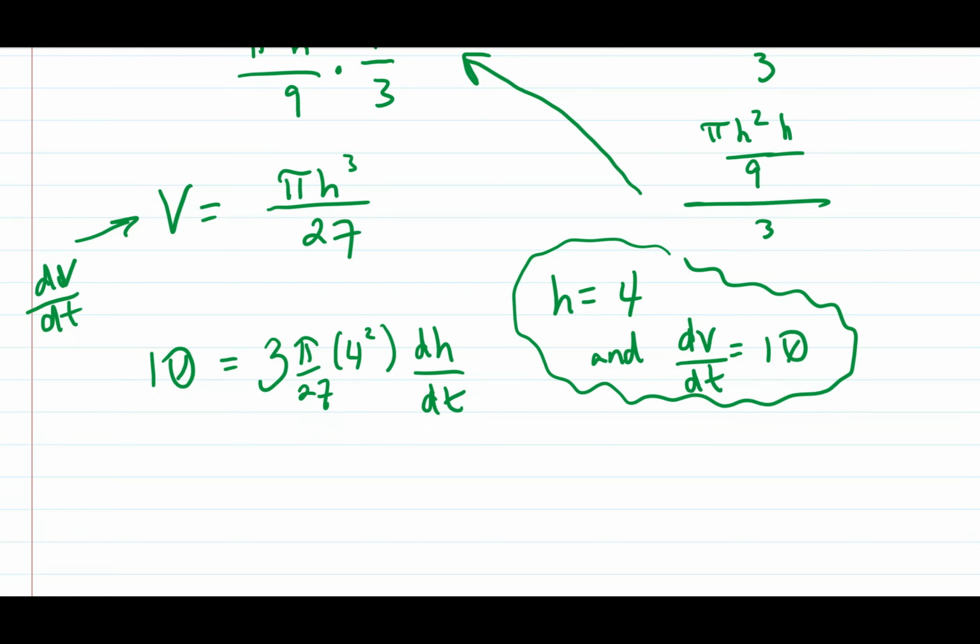All right, so now we just do a little bit of math here. 10 is equal to 3 over 27. That's just going to give us 1 over 9. So I'll just write pi over 9 times the 16 dH/dt.